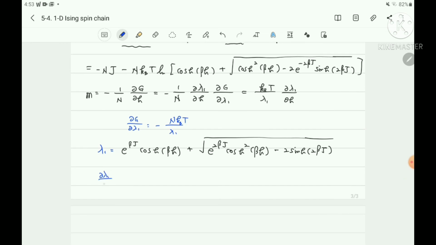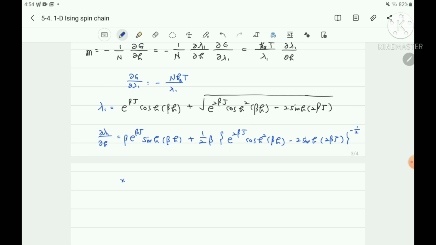Therefore, partial lambda 1 over partial h is beta exponential beta j hyperbolic sine beta h plus, to the 1/2, and 1/2 beta exponential 2 beta j cosine hyperbolic square beta h minus 2 hyperbolic sine 2 beta j to the minus 1/2, and also times 2 exponential 2 beta j cosine hyperbolic beta h sine hyperbolic beta h. It is the derivative of the inside term.